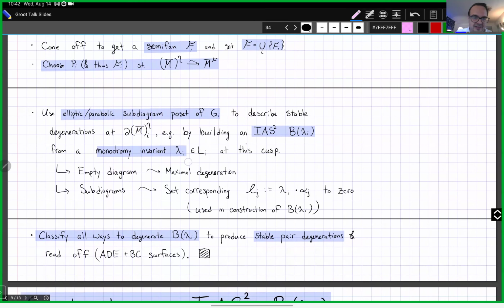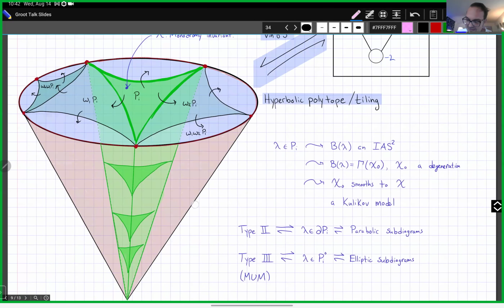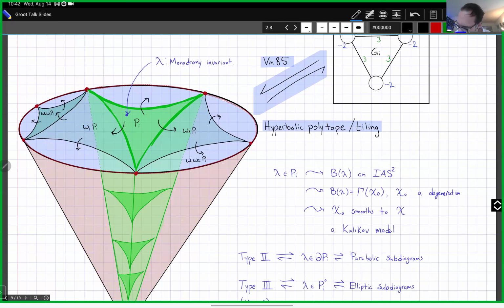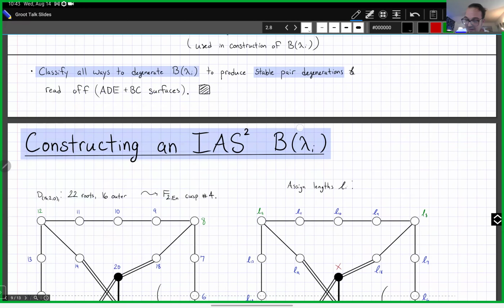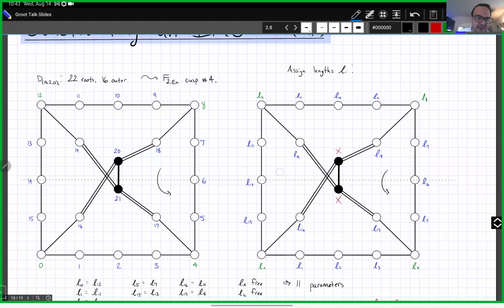And to each point in this tessellation, so for example, pick some point in the fundamental domain here, this lambda, which is the point here, we will assign some kind of degeneration of surfaces. And so let me just describe briefly how that goes. How do you assign to that lambda some degeneration of surfaces?